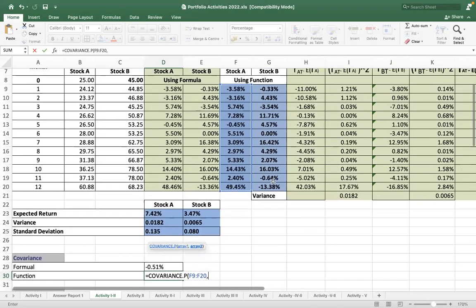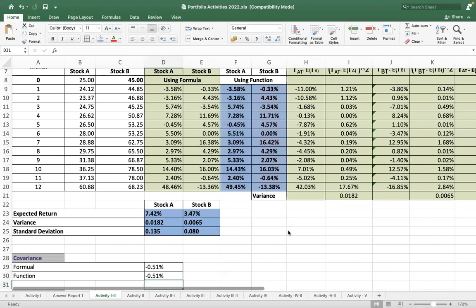Comma, stock B, return of stock B. Be careful when you're selecting the correct column, right? If you are familiar with Excel, you don't need to go for these manual calculations. So at once you can take it. So here you can see the same value.